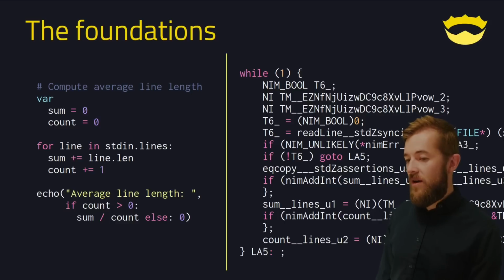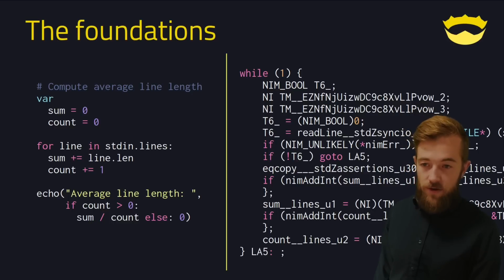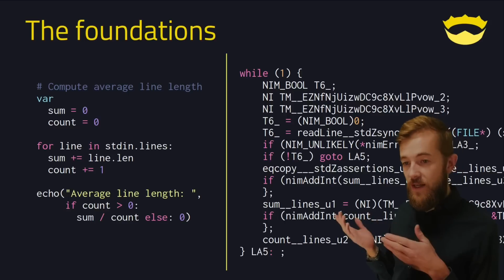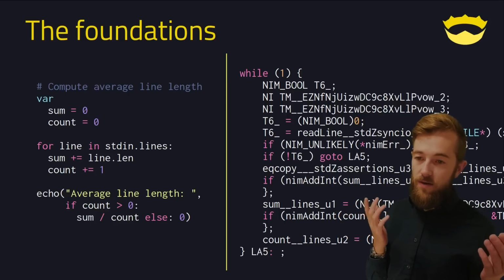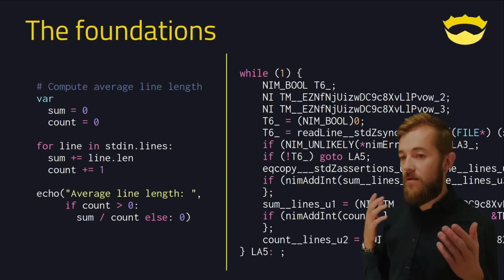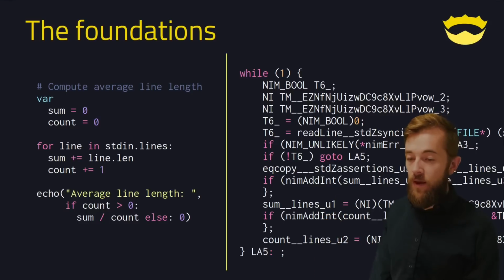But writing C allows us to do something quite nice. There are a couple of benefits to using C instead of something like LLVM for the output. One of them is that we can use any C compiler. So as long as your platform has a C compiler, then you can use Nim on that platform.